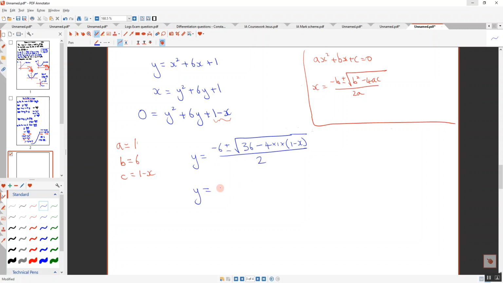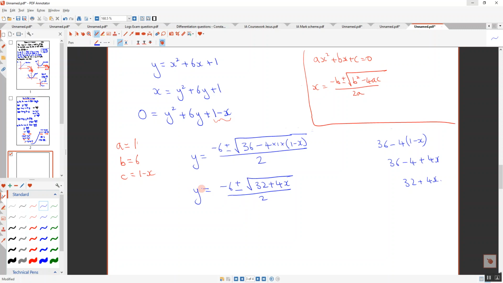I'm just conscious we're going to run out of time, so I'm just going to go through this. Underneath the square root, I'm going to have 36 minus 4 times 1 minus x, 36 minus 4 plus 4x, that's 32 plus 4x, all over 2.